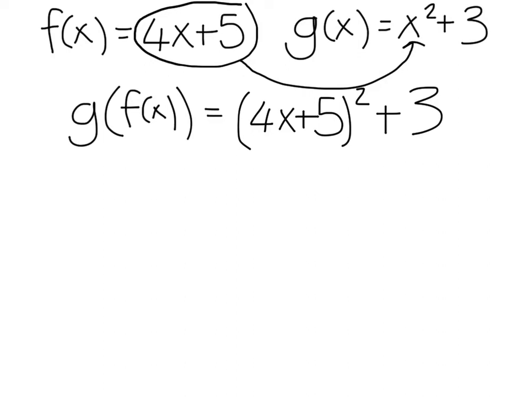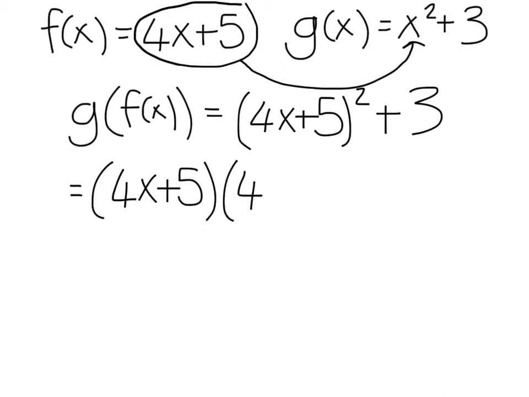So what that means is we have to square out our bracket, so I'll bring the equal sign over here, which gives us 4x plus 5 multiplied by 4x plus 5 with our plus 3 on the end.